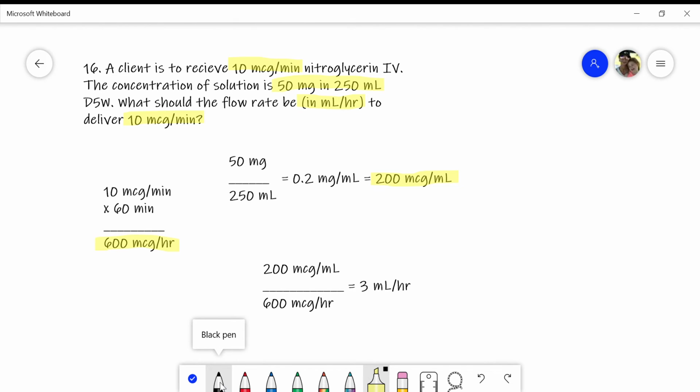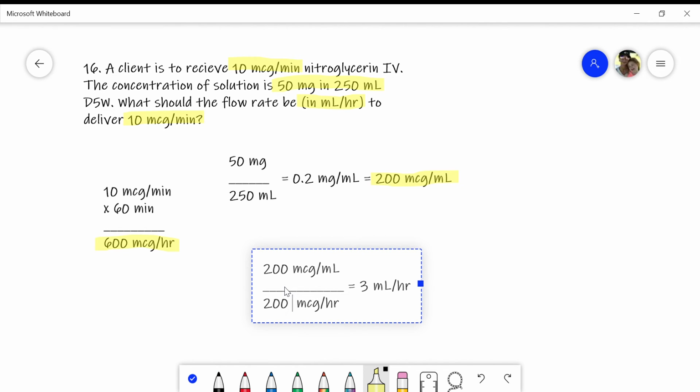I think. Hold on. No, I did that totally backwards. Sorry. Yeah, that's where I messed up. So 200 micrograms a milliliter. Yeah, I did that completely backwards. Because that's our rate we need it at divided by what's our available.